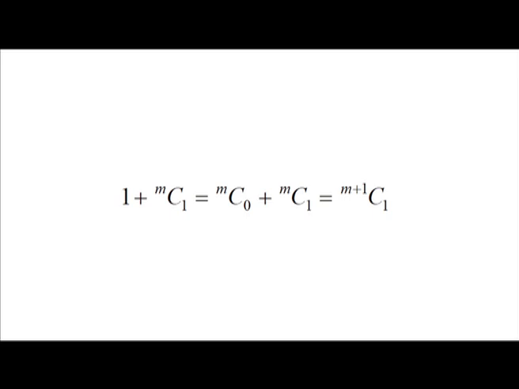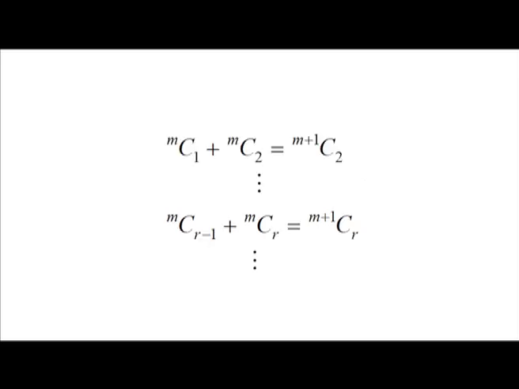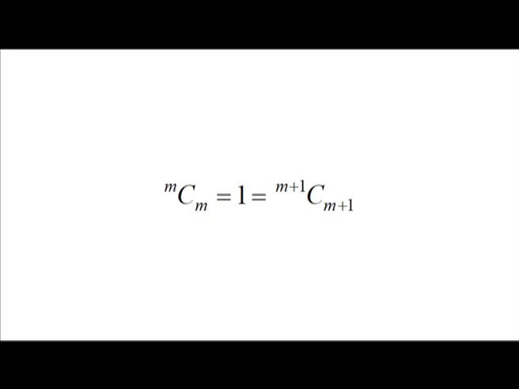But 1 + mC1 = mC0 + mC1 = (m+1)C1, mC1 + mC2 = (m+1)C2, etc., mC_{r-1} + mCr = (m+1)Cr, and mCm = 1 = (m+1)C_{m+1}.